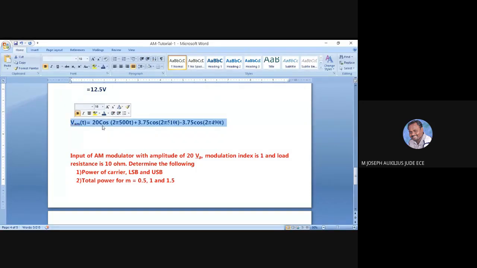It is AC cos 2 pi FC t plus MAC by 2 cos 2 pi (FC plus FM) t minus MAC by 2 cos 2 pi (FC minus FM) t. So I'm substituting the values. You know the value of AC, 20 into cos. FC is what? 2 pi 500 of t. Okay, do you get the point?